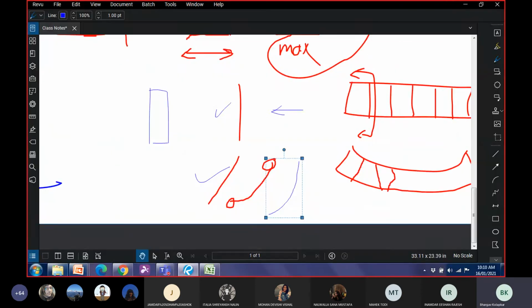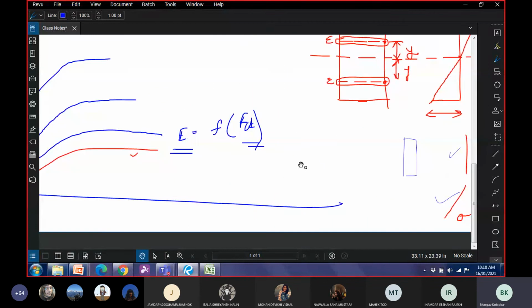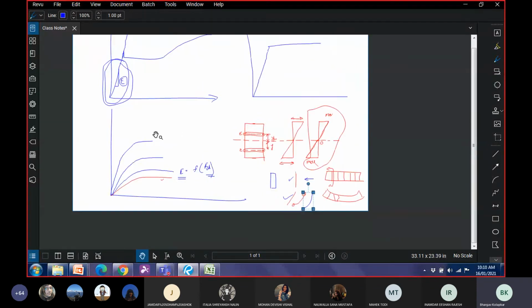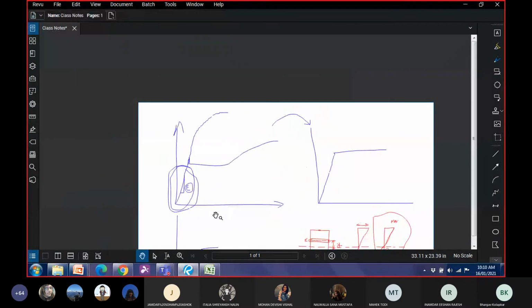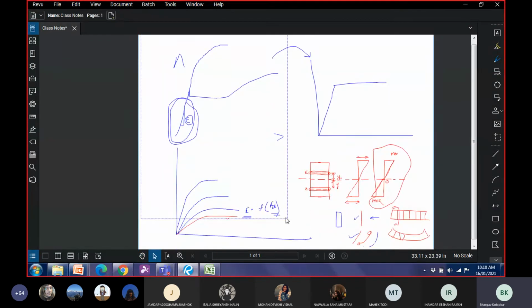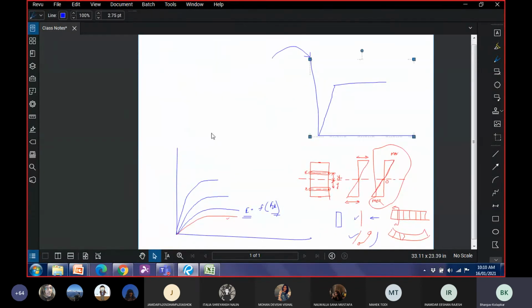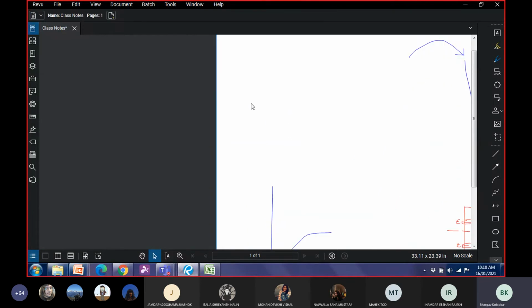All the tensile stresses and the resulting forces occur only in reinforcement. All the tensile stresses are taken up by the reinforcement and none by the concrete.